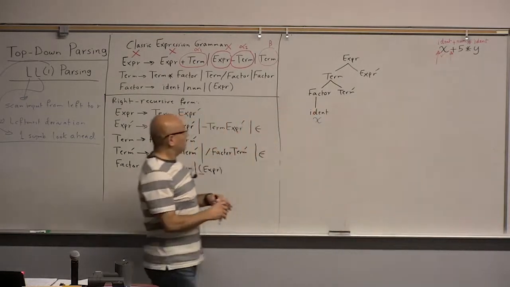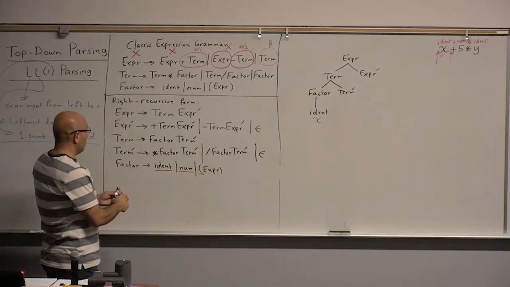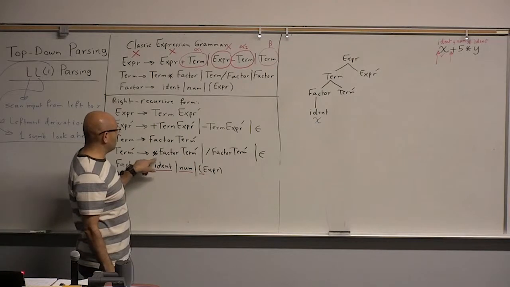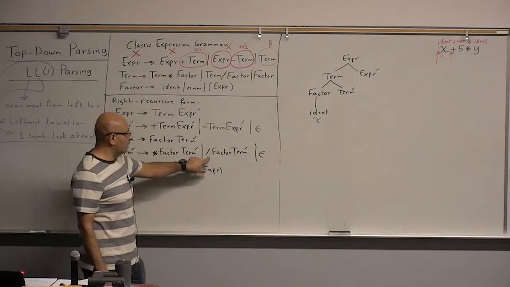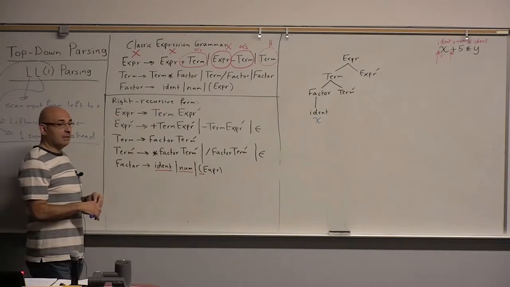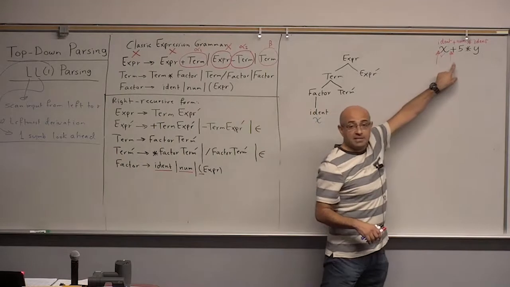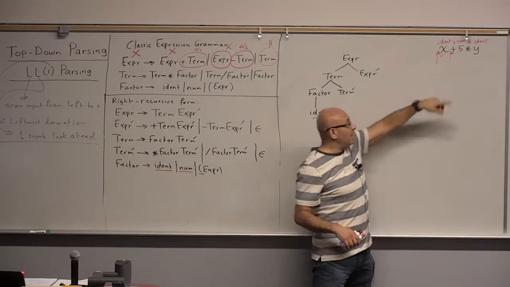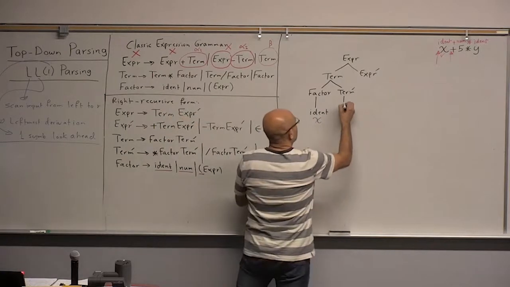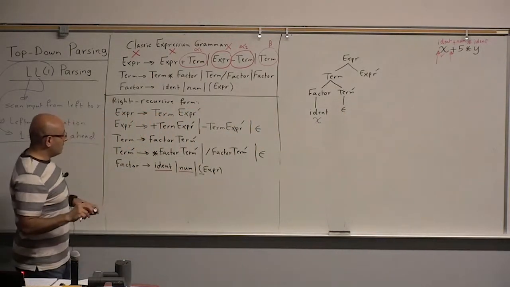So now, for term prime, you have three possible substitutions: one that starts with multiply, one that starts with divide, and one that starts with epsilon. Which is the only one that can be correct? Epsilon, because I'm not seeing a multiplication or a division. I'm seeing an addition. So for term prime, I'm going to substitute epsilon, and it's the only option that is right.